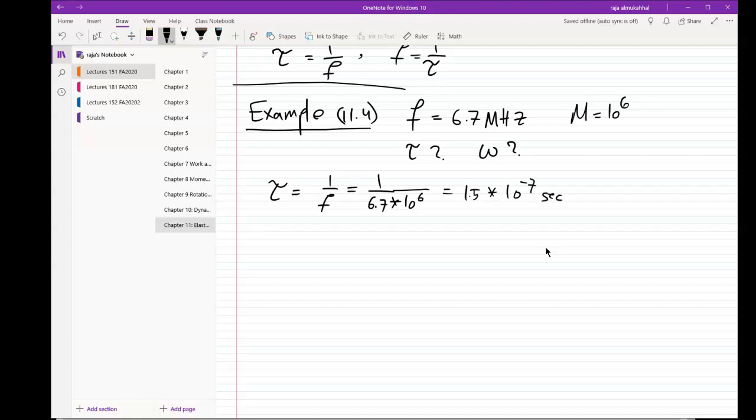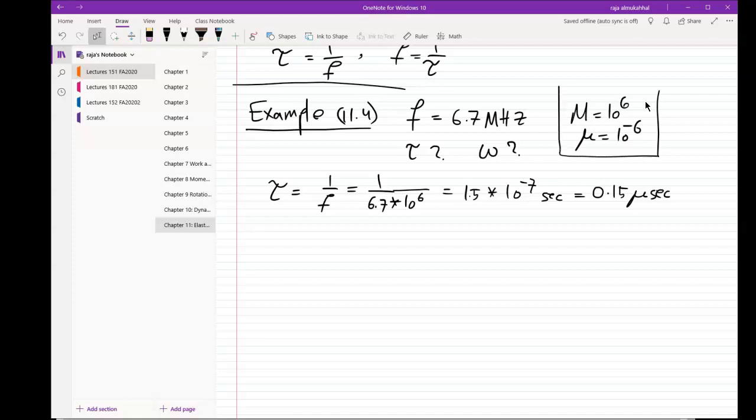Really tiny amount. Now I can write it in terms of microseconds, so that will be 0.15 microsecond. A micro is a millionth of a second, which is basically the opposite of the mega. Mega is 10 to the 6. Micro is 10 to the -6.